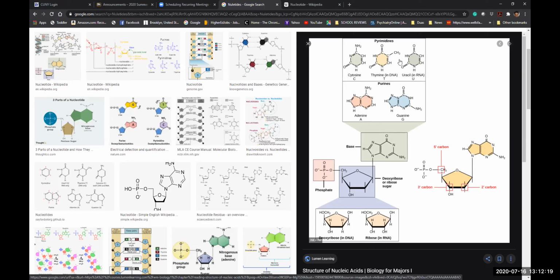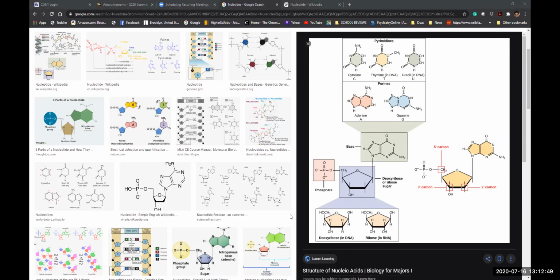These are single ring structures, smaller. And purines, look at the size of adenine and guanine. These are double ring structures, heavier and bigger than the pyrimidines. If a question comes, which one is the bigger molecule, purines or pyrimidines? The answer is purines, because they have a double ring structure. And pyrimidines have a single ring structure.